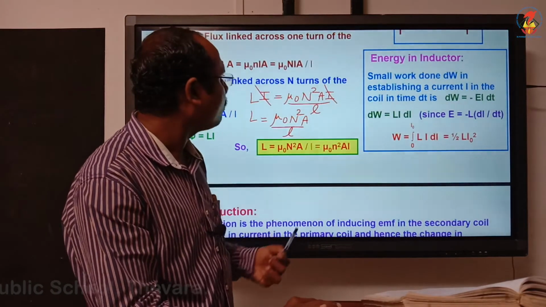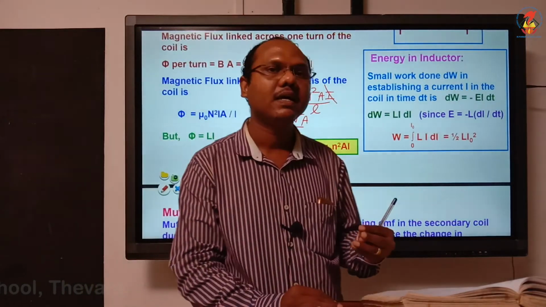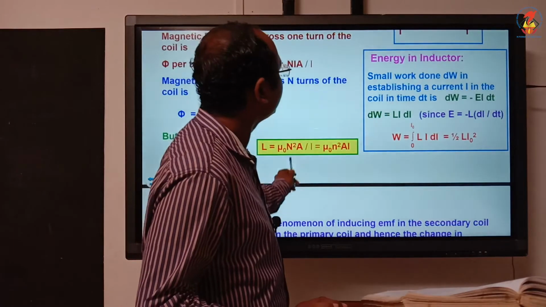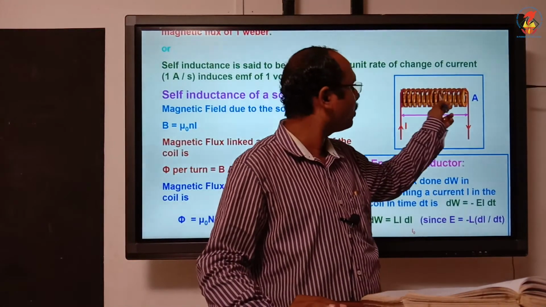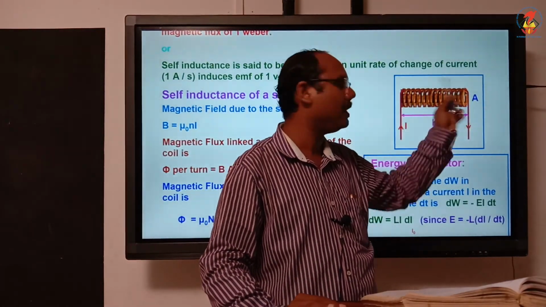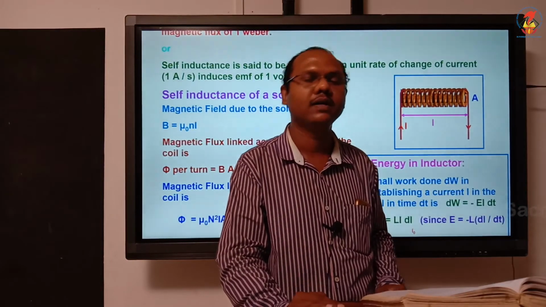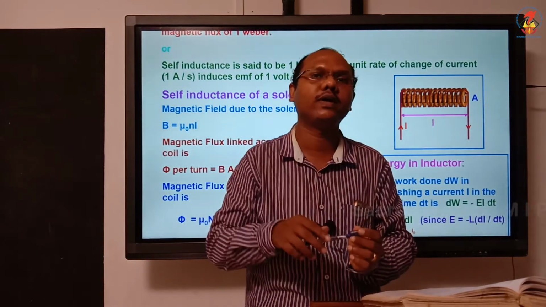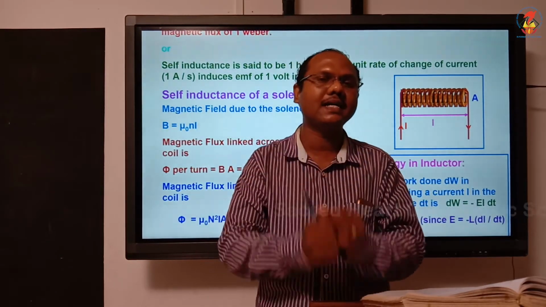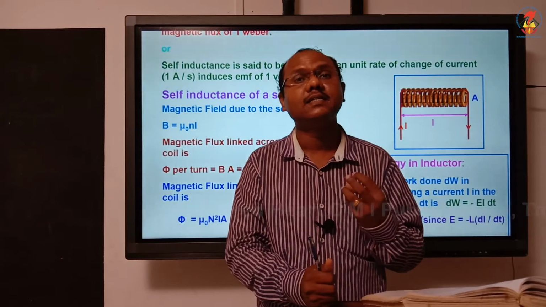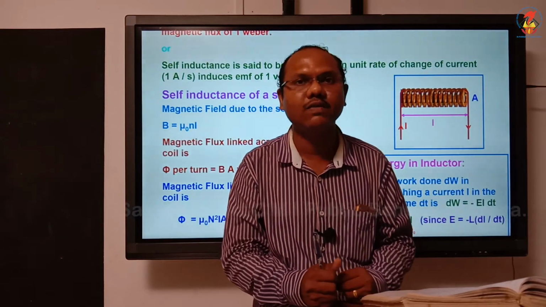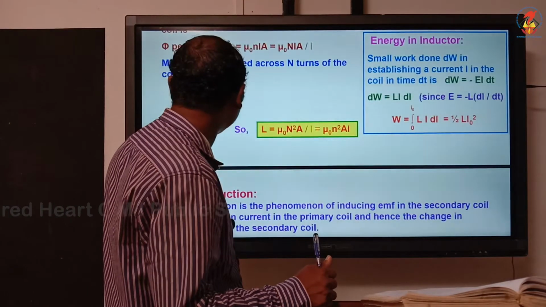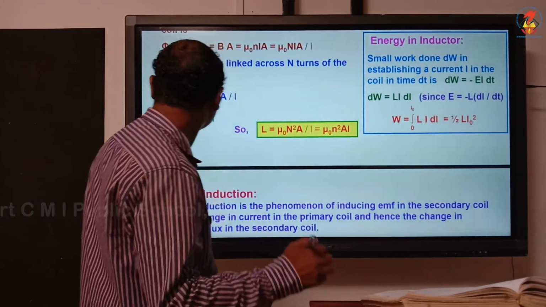Now what happens if we introduce an iron core here? This solenoid is actually empty. There is nothing placed inside the solenoid. What if we place an iron core like this inside the solenoid? The iron core will also get magnetized. As a result, the self-inductance value will increase. So when iron core is introduced, this equation will change like this.